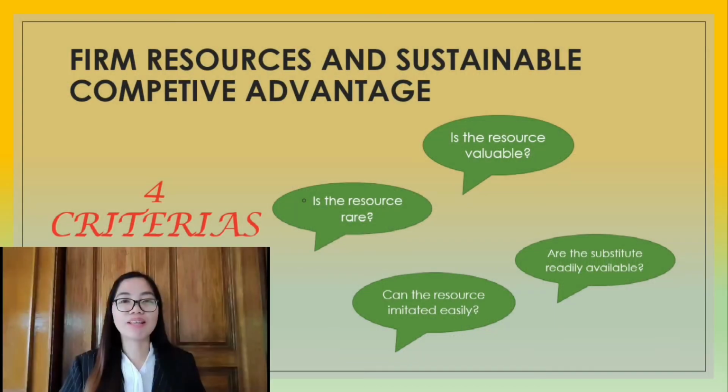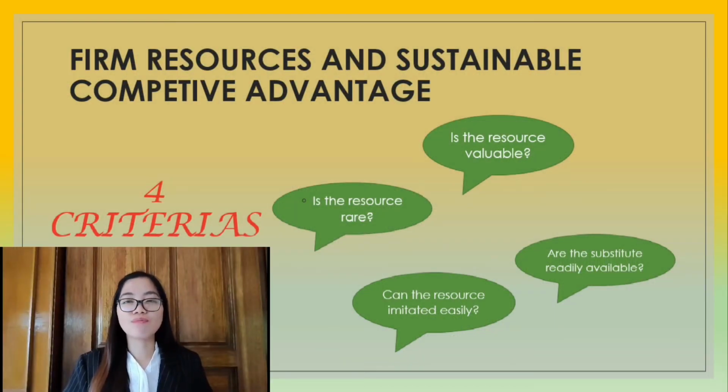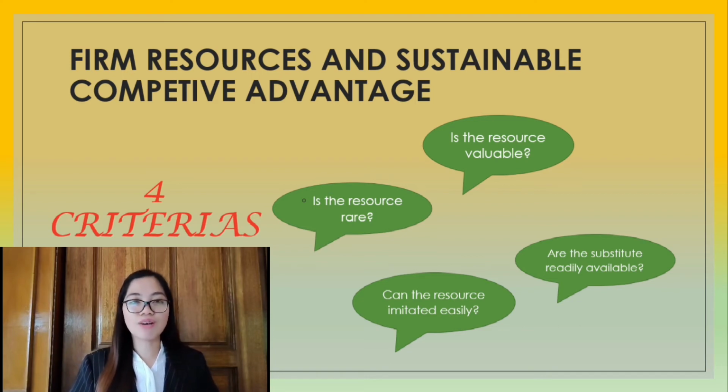To attain competitive advantage, firms' resources must also be evaluated in terms of how valuable, rare, and hard they are for competitors to duplicate. First criteria is, is the resource valuable? They are valuable when they enable the firm to formulate and implement strategies that improve its efficiency and effectiveness.